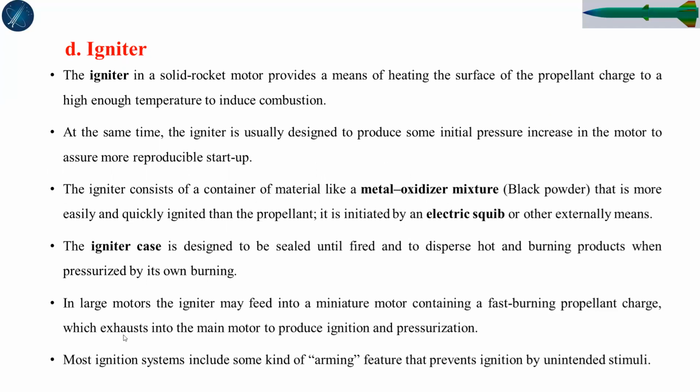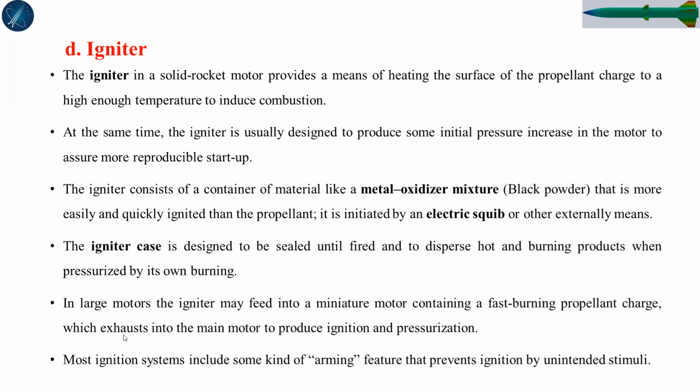Okay, sorry for that. So the next important component of a solid rocket motor is the igniter. The igniter is the one that helps us to ignite the whole chemical. So the igniter in a solid rocket motor provides a means of heating the surface of the main propellant charge to a high temperature to induce an appropriate combustion.